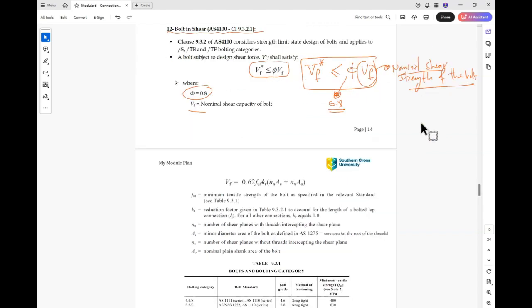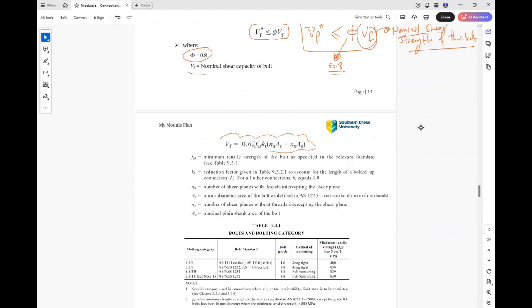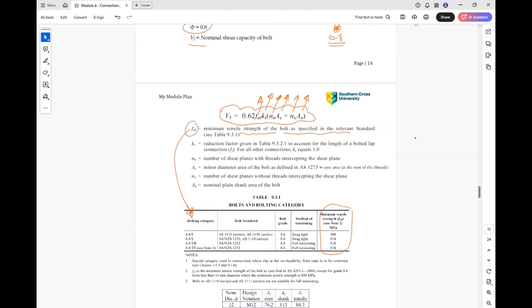The nominal bolt maximum shear is given by this formula: V_f equals 0.62 f_uf k_r (A_c n_x plus A_o n_n). f_uf is the minimum tensile strength of the bolt based on the grade of the bolt, and can be given from this table. k_r is a reduction factor given in Table 9.3.2 to account for the length of a bolted lap connection.